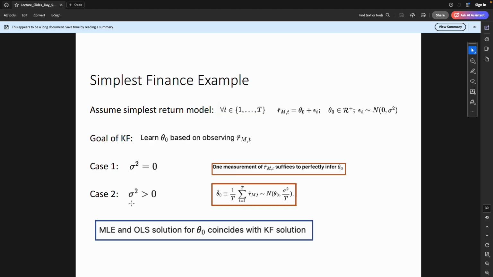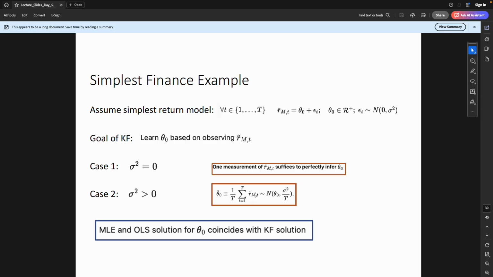Now, in the realistic case, even in engineering, sigma square will not be 0, but it will be positive. So therefore, we have a bit of noise. And this bit of noise could be a lot of noise or just a tiny bit, depending on the magnitude of sigma square. But what do I know? I know that my OLS or the MLE estimator for theta 0 would simply be the sample average.